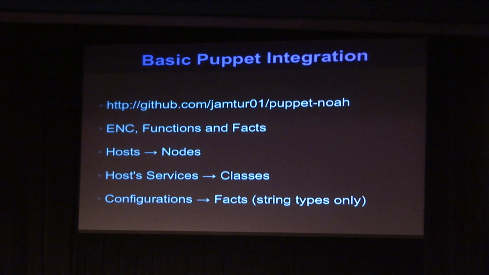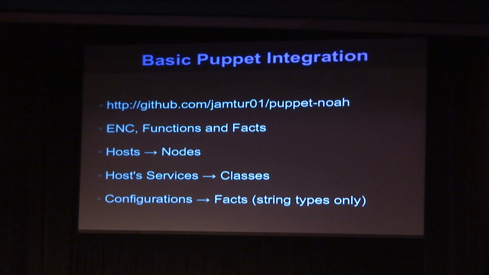Some functions and some Facter integration. The mappings are that hosts in Noah map to nodes, and services map to classes, and that's nice. Again, there's the restriction that services have to be bound to a host by name, so it gives you some flexibility.